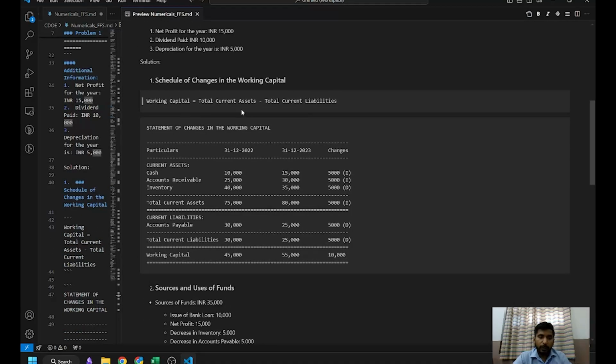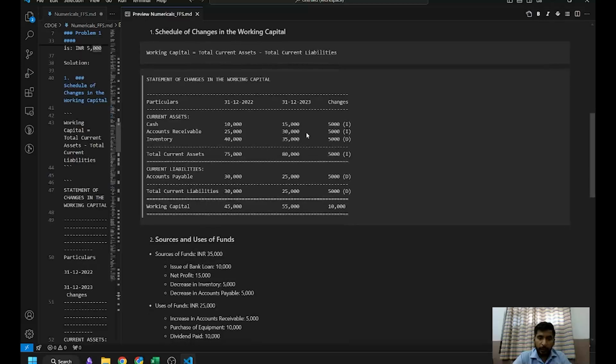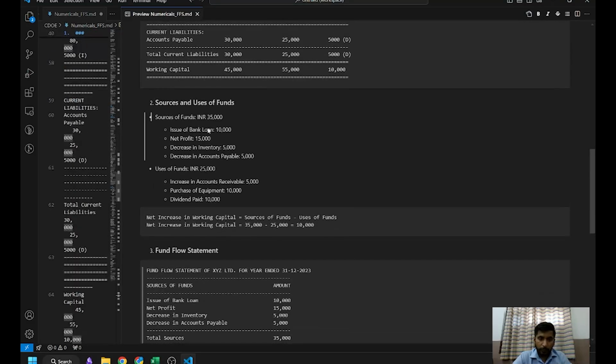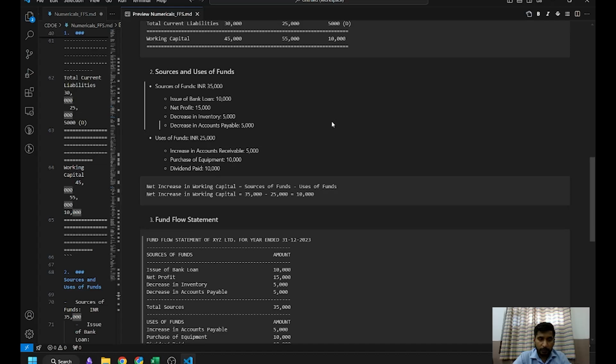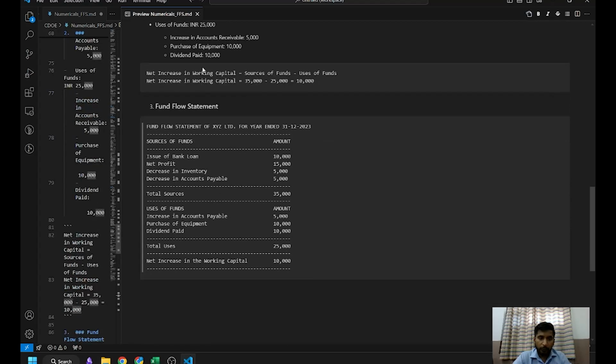Then we made the schedule of changes in the working capital. After that, we identified the sources and uses of funds, calculated the net increase or decrease in the working capital, and then we were able to make our fund flow statement.